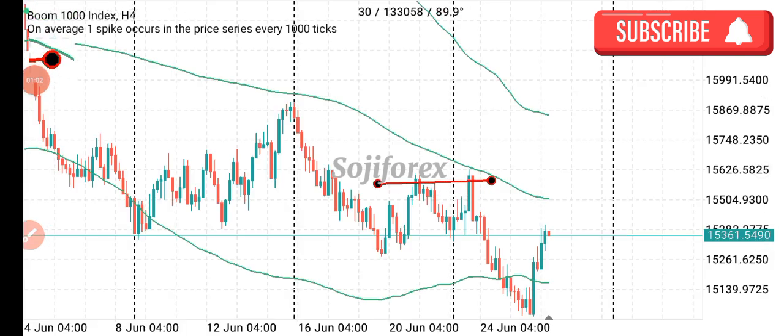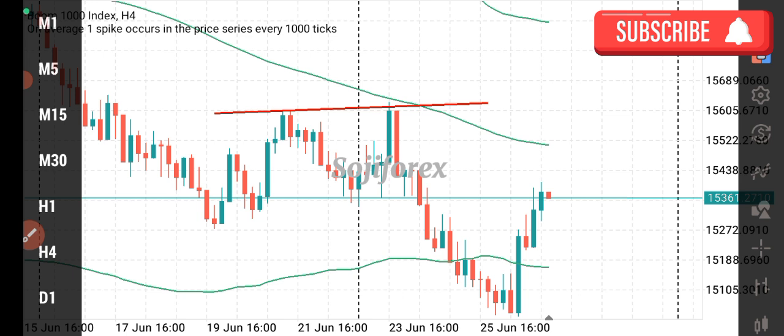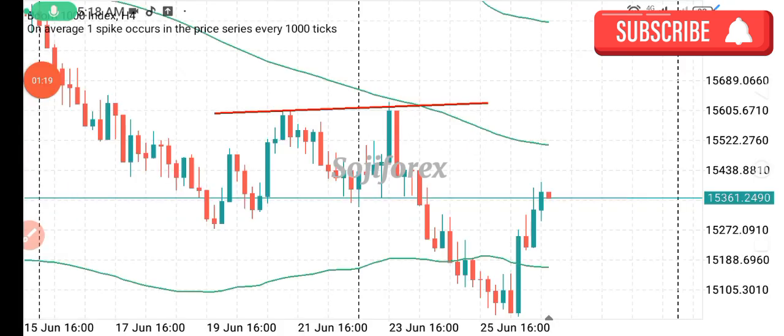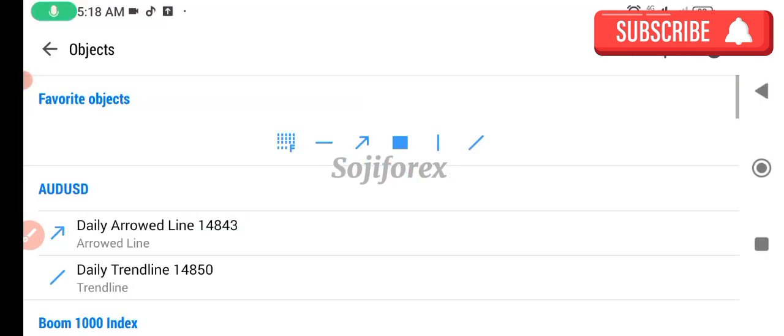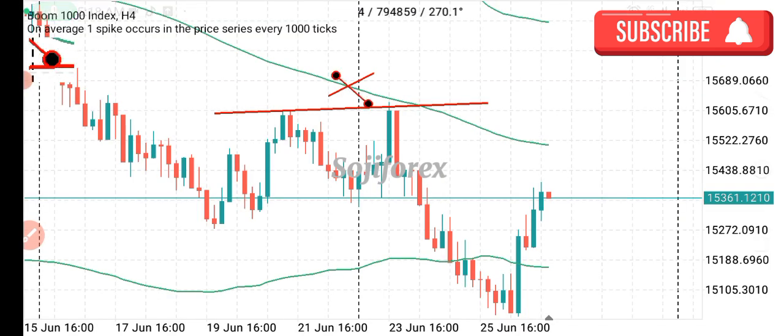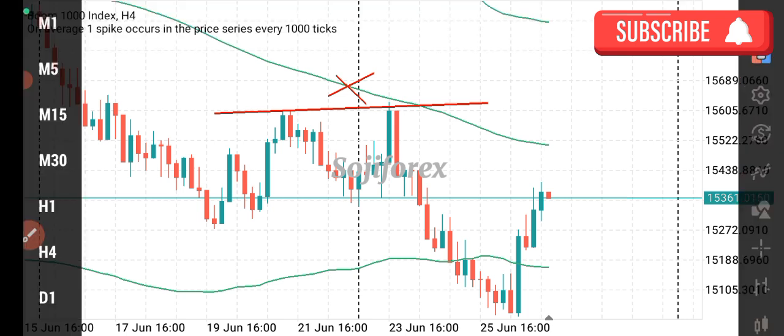Okay, we have this that has swept liquidity, that pinhead. So already we have a liquidity sweep at this end. Okay, liquidity has been taken there, so we are looking forward.